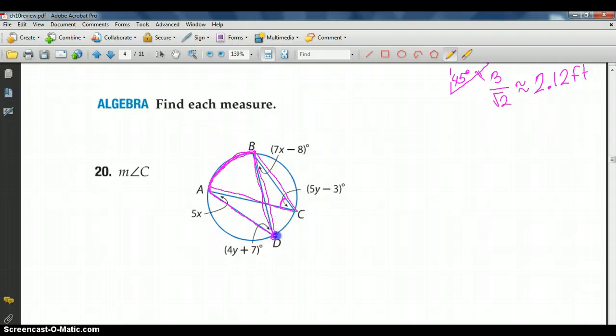Anytime you have two inscribed angles, formed by two chords whose vertex is on the circle, and they intercept the same arc, okay, that arc being AB here, then those two angles will be congruent. So I can set these two expressions equal to each other and solve for y.